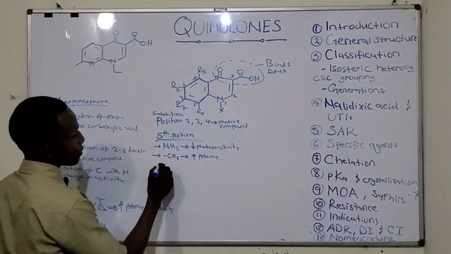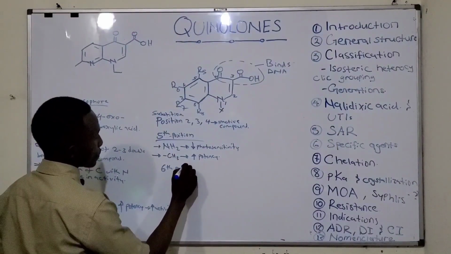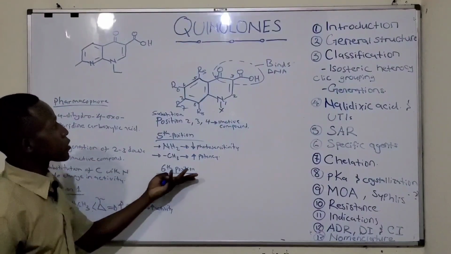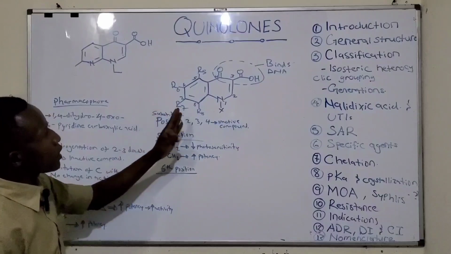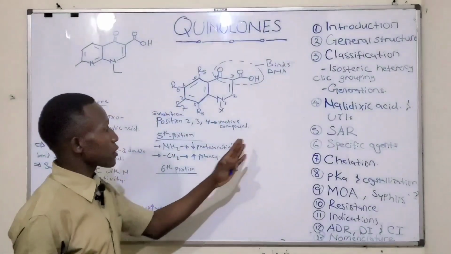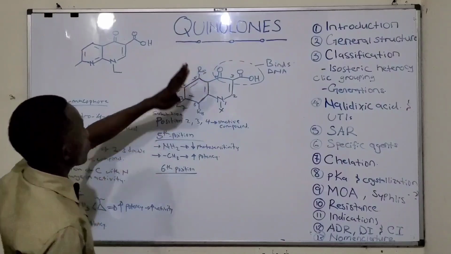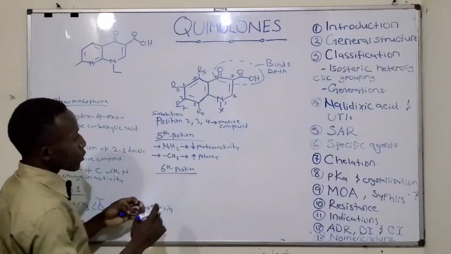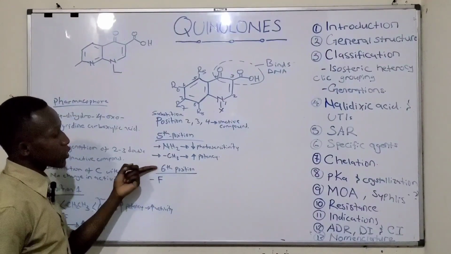Then we have position 6. The 6th position and the 7th position led to the fluoroquinolones. We have quinolones, where we have nalidixic acid and other quinolones, but fluoroquinolones are those with a fluorine at the 6th position.